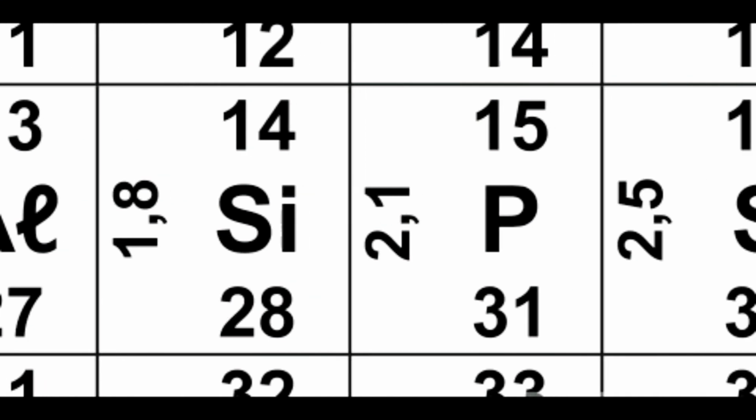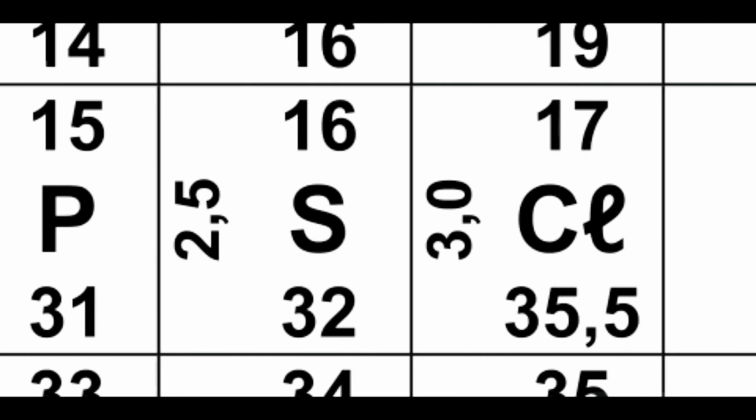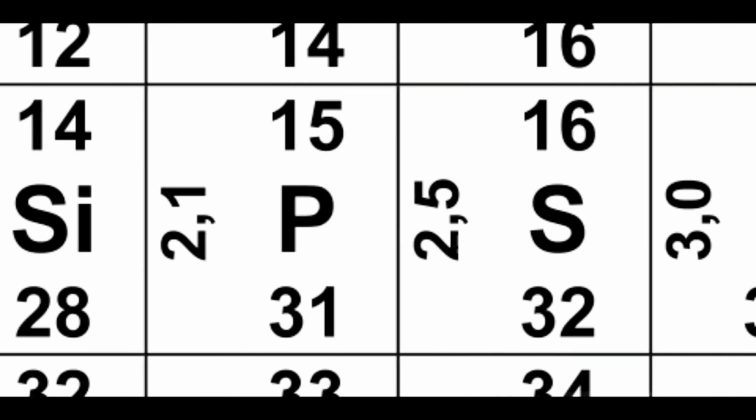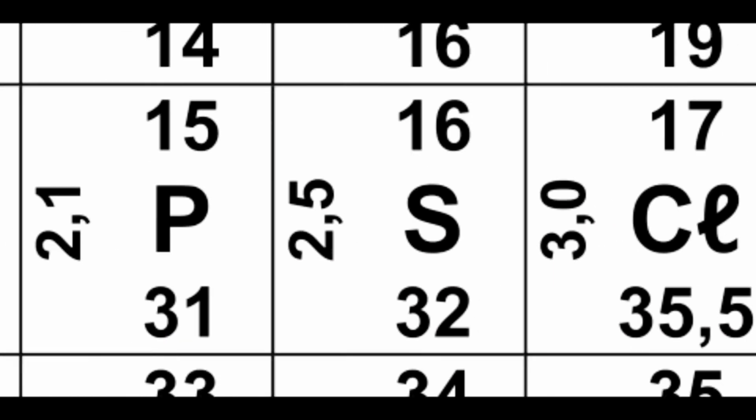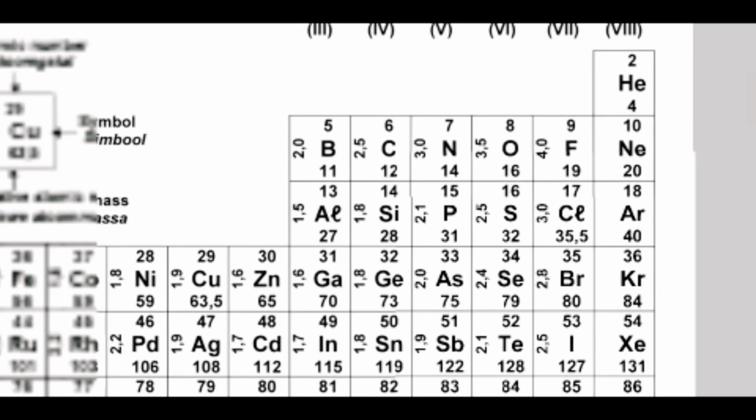And then we're looking for an element with an atomic number of 16, and that element is sulfur. Now that we have identified the elements, let us go back to completing our table.